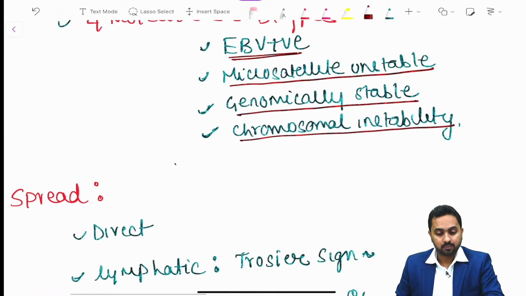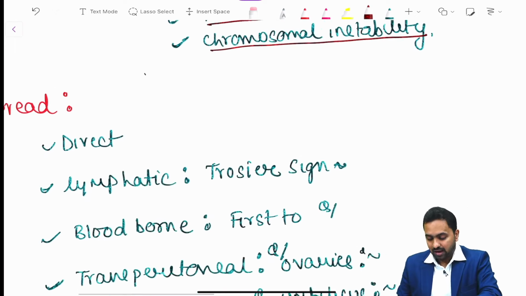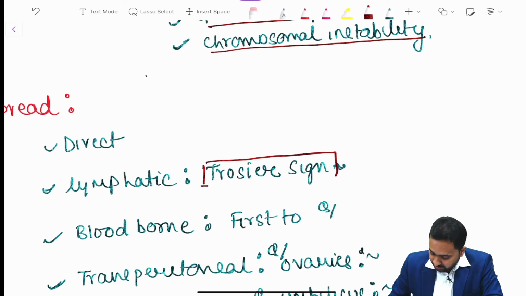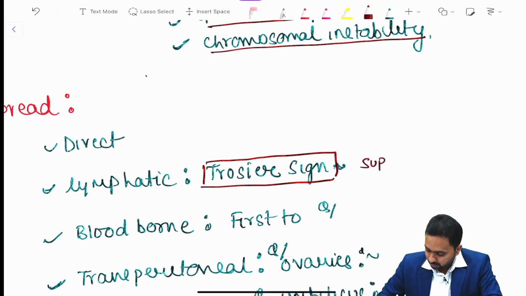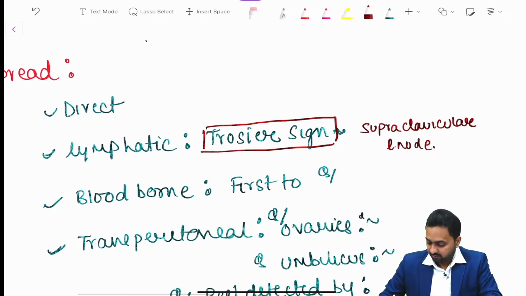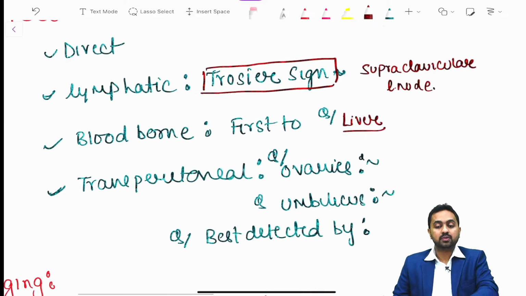Then regarding the spread, they usually spread directly, involving adjacent structures, or by lymphatic spread. In lymphatic spread, we have Troisier sign, that is involvement of the supraclavicular lymph node. Then we have bloodborne metastasis, the first occurring in the liver, and then transperitoneal spread.